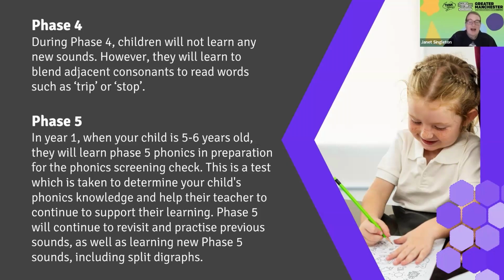And then for phase 5 in year 1, so when children are 5 to 6 years of age, they'll learn phase 5 phonics, and that's in preparation for the phonics screening check. The phonics screening check is a test that is taken to determine what a child's phonics knowledge is. It also helps the teacher to know what areas they still need help with, so what support that child needs in terms of their learning.